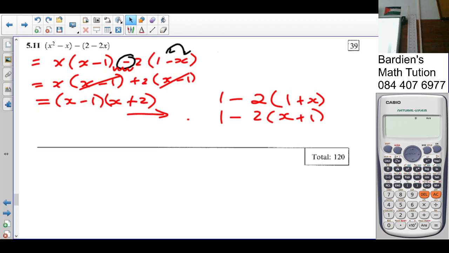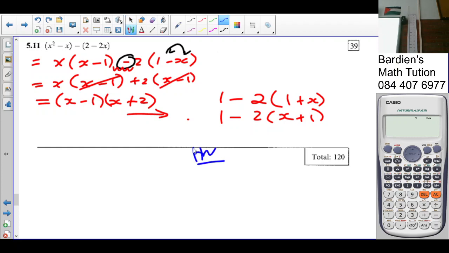Is this paper 1? Yes. So it's June, question 1, question 2, and question 3.